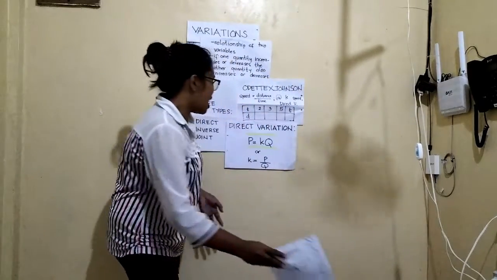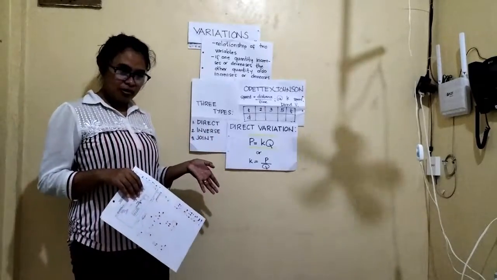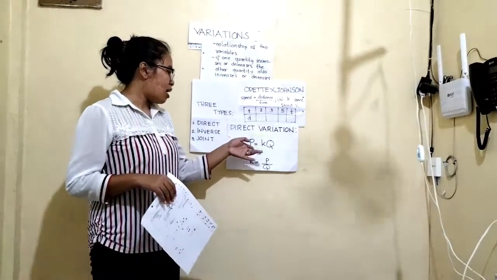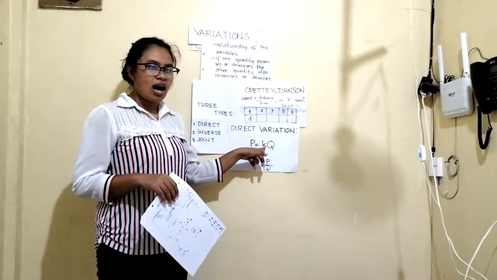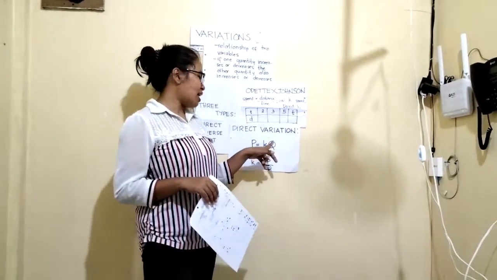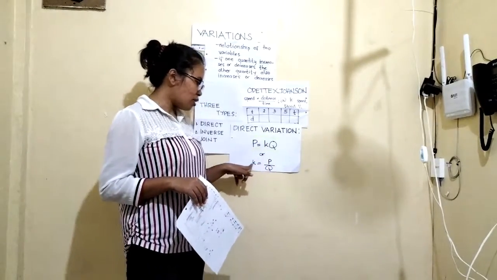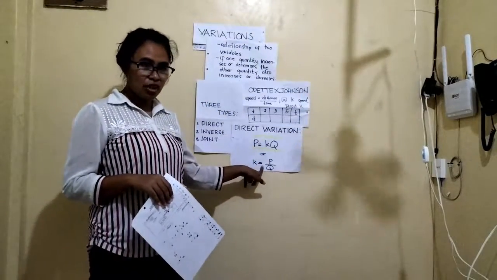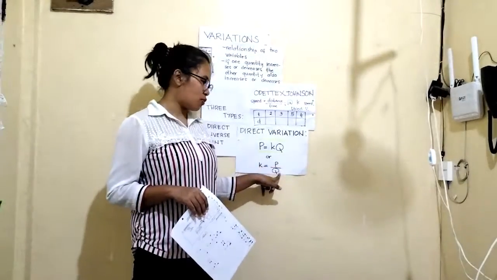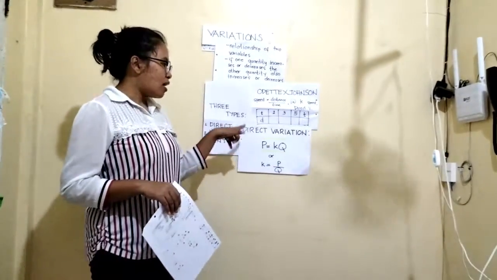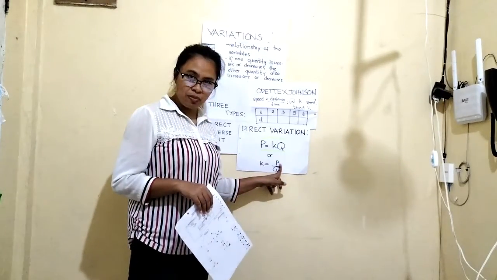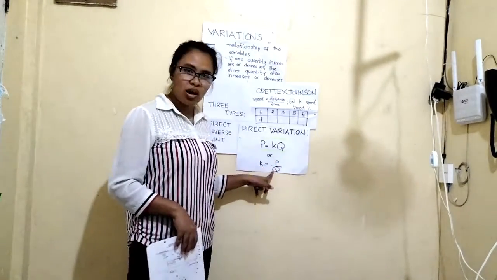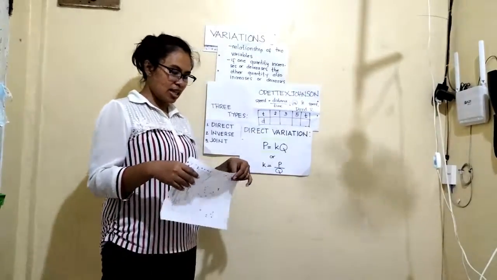So for direct variation, our variable P is equal to our constant K and variable Q, or our constant K is equal to P over Q, right? It is called direct variation because P, our variable P, is directly proportional to our variable Q, right?